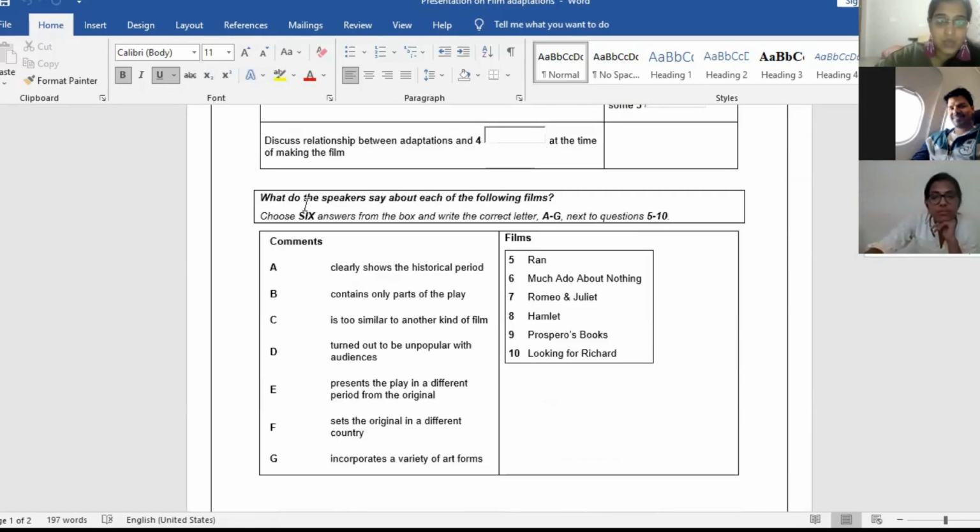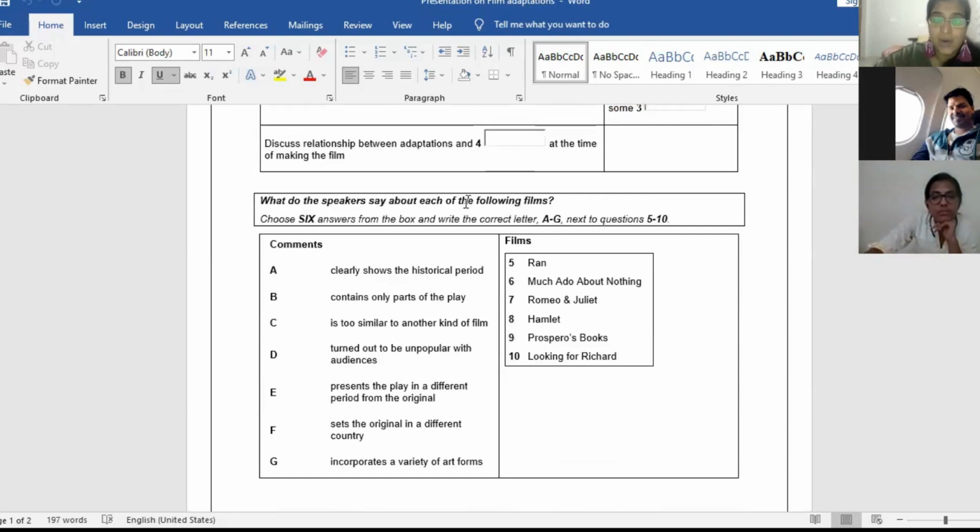Here it says, what do the speakers say about each of the following films? Choose 6 answers from the box and write the correct letter A to G next to questions 5 to 10. So what are the films here? Ran, Much Ado About Nothing, Romeo and Juliet, Hamlet, Prospero's Books, Looking for Richard.